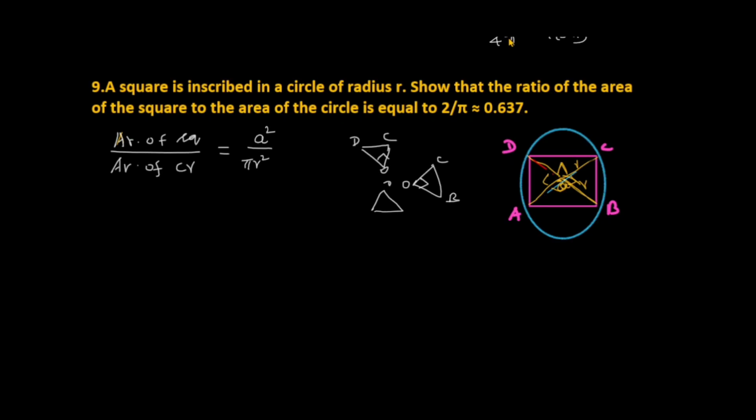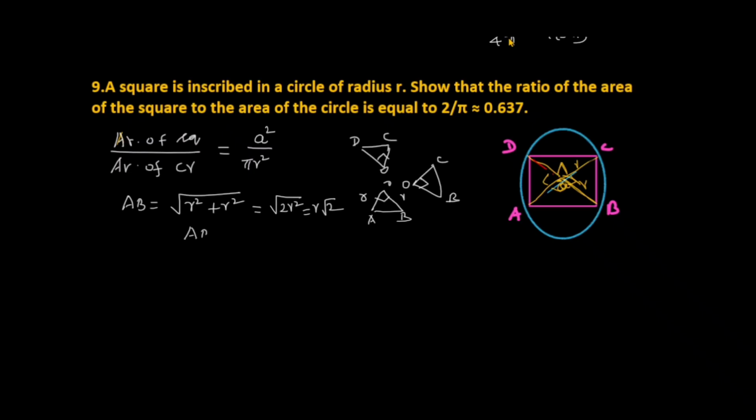So if we are finding the side length, we can take any one triangle. This is R, this is R, this is 90 degrees. So AB, side of the square AB, is equal to square root of R squared plus R squared, because AB is the hypotenuse, is equal to root of 2R squared, which is R root 2 units.